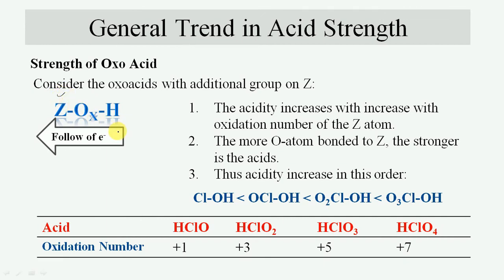For example, in the series of oxoacids of chlorine, these are the oxoacids of chlorine, and the acidic strength increases in the following order. This compound has the least acidic strength, and this compound will have the maximum acidic strength.